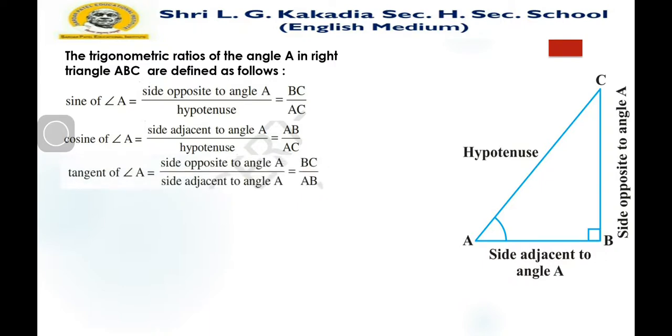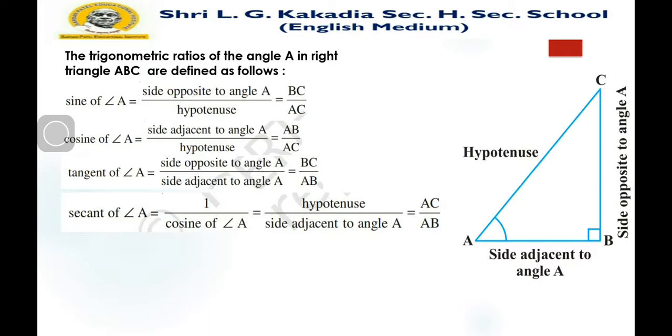Next, tangent of angle A is the side opposite to angle A upon the side adjacent to angle A, that is BC over AB.